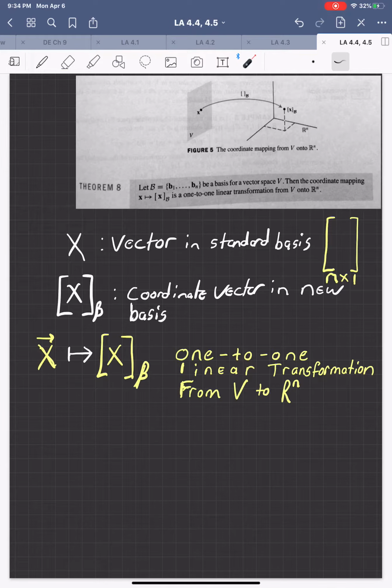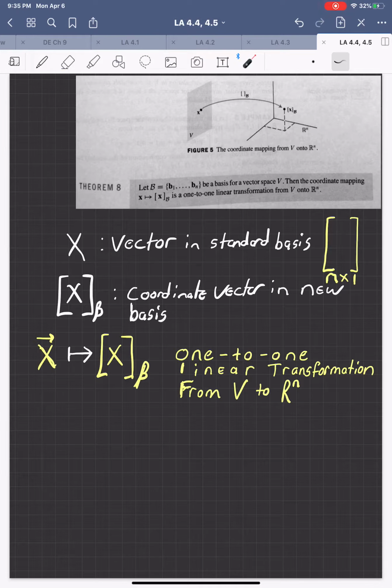In this case, x is going to represent the vector in the standard basis. So if I said plot the point (8, 7), you would go to the right 8, up 7. That's what I'm talking about right now. So that's just the normal points, the normal vectors in the standard basis.